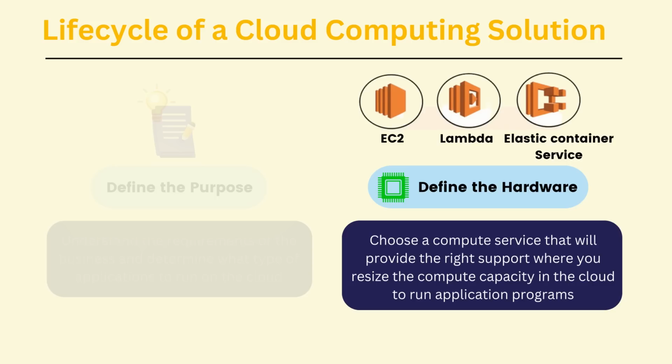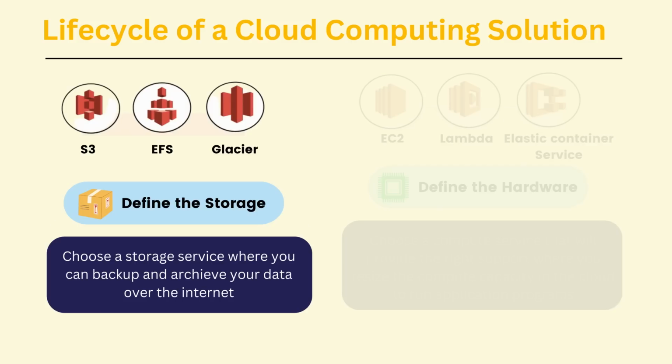You might have EC2 if you're looking for IaaS, Lambda if you're looking for serverless computing, and ECS that provides a container service. So there is a lot of hardware available. Pick the right hardware that suits your requirement. The third thing is to define the storage.